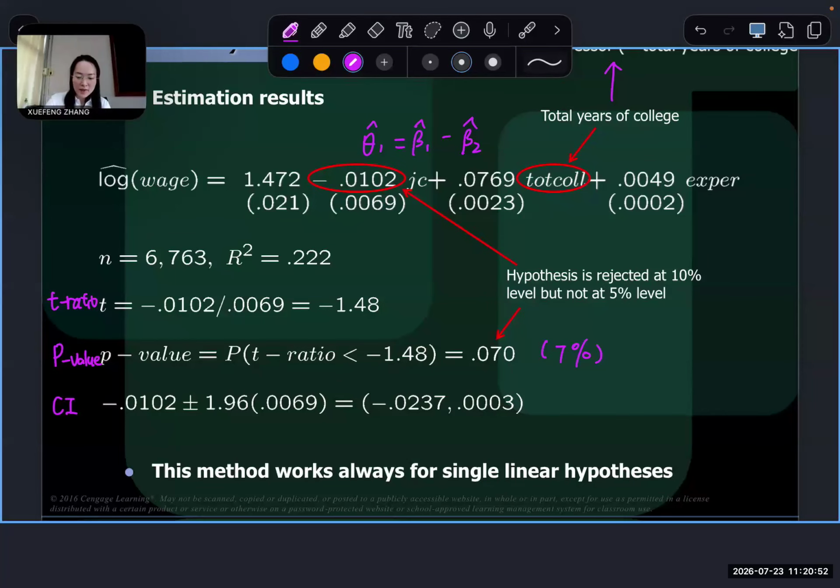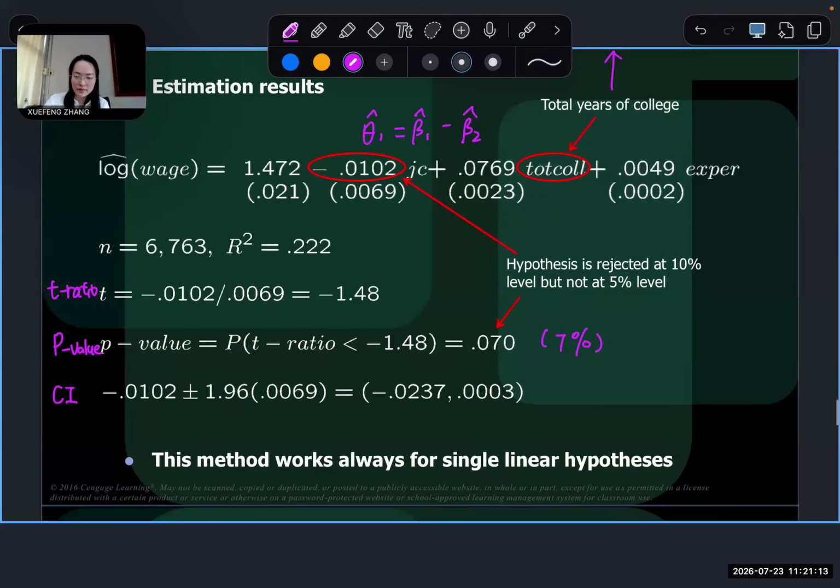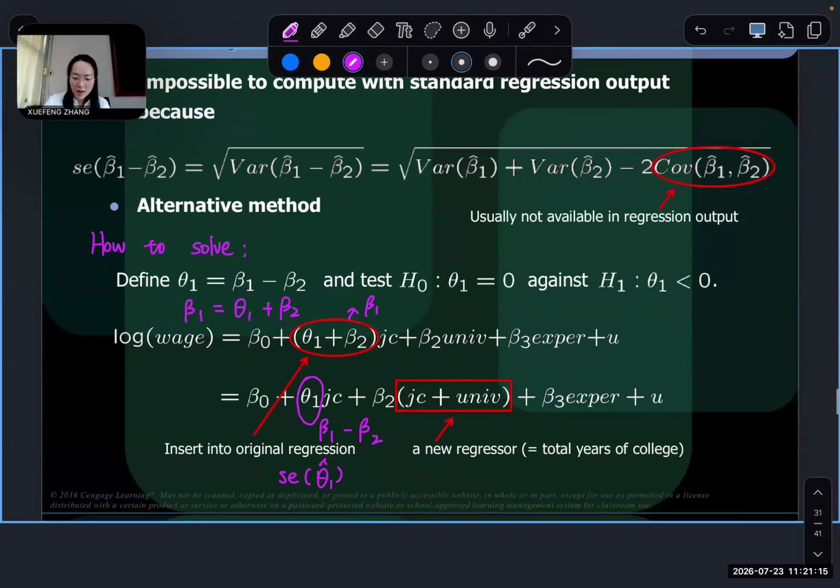Okay, let's see the confidence interval. How to calculate it? Coefficient plus or minus the critical value times the standard error, which is here. What does it mean? Notice that 0 is just barely inside this interval, okay? Because our hypothesis here is H0, theta 1 equals 0, right? This is our hypothesis. That's why I'm talking about 0 here.